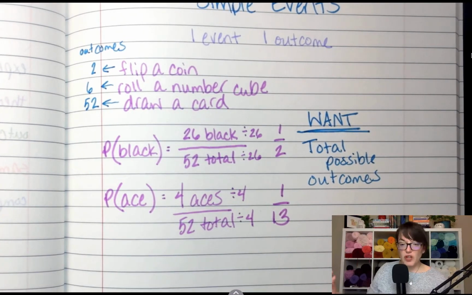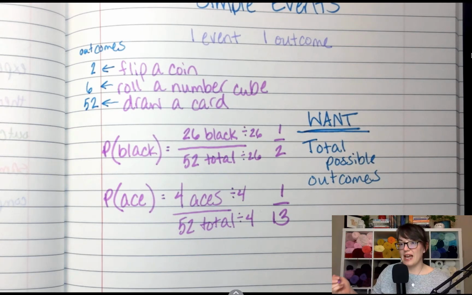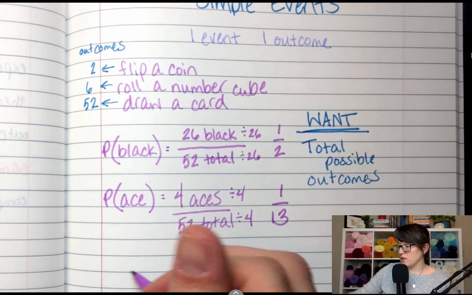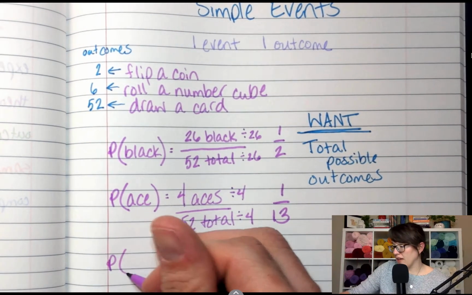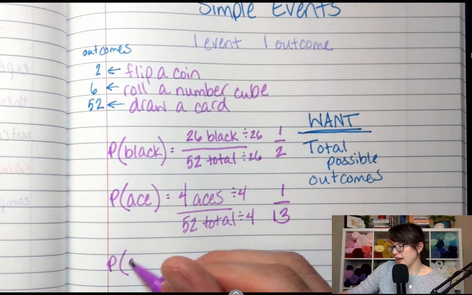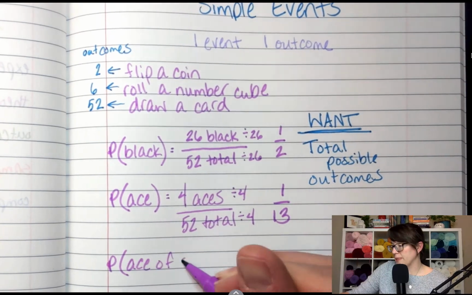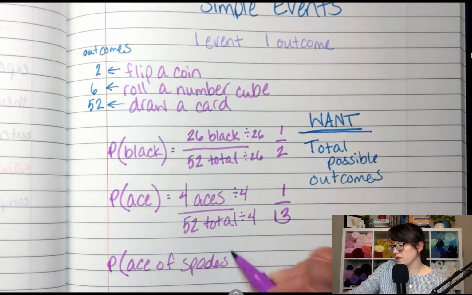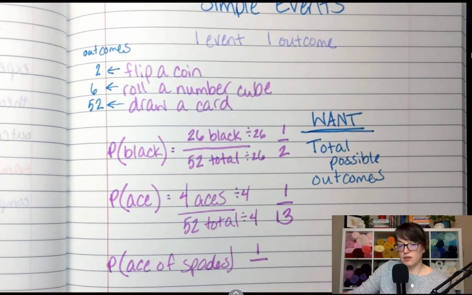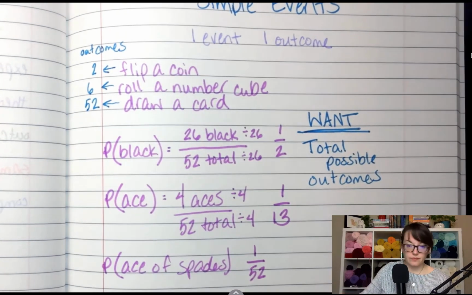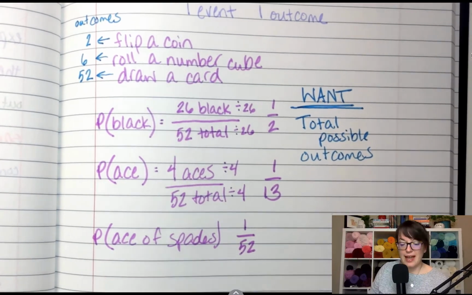So there's a 1 in 13 chance that if I randomly pick a card out of a deck, it's going to be an ace. And the more specific you get, the less likely it is to happen. So if I wanted the probability of getting the ace of spades, there's only one of those out of 52. So that's kind of what probability looks like.